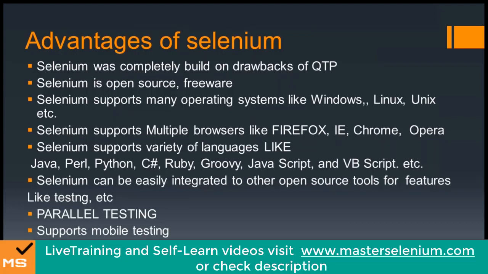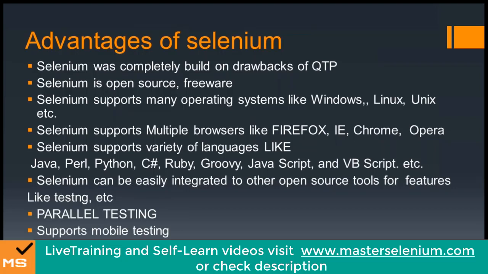Both may work for the same purpose, but both are completely different tools, with a completely different UI and working principle. So there is nothing like you need to learn QTP to learn Selenium, or learn Selenium to learn QTP. There is no relation. I am just comparing it with QTP to explain the advantages of Selenium, as simple as that. If you have no prior idea about QTP, then please just ignore that. No need to worry at all.